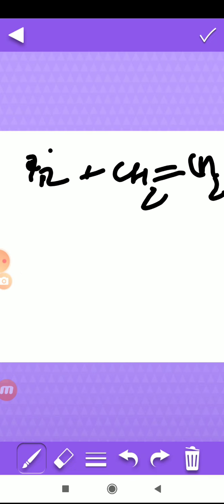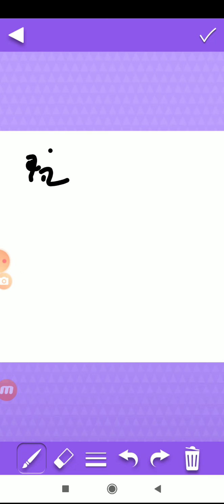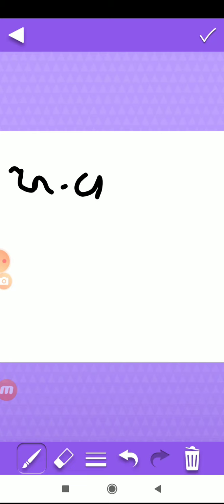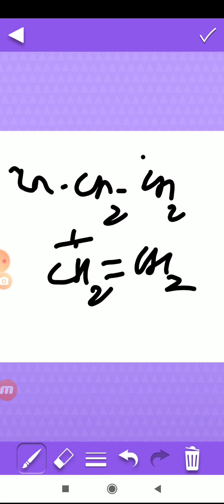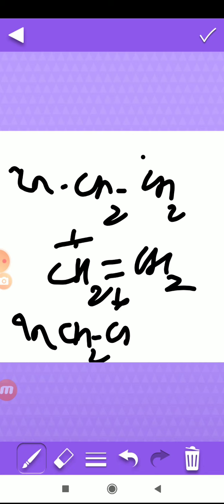In the chain initiation step, the initiator combines with ethene to form a larger free radical. Now this larger free radical which is formed again combines with another molecule of ethene, to form again higher free radicals.